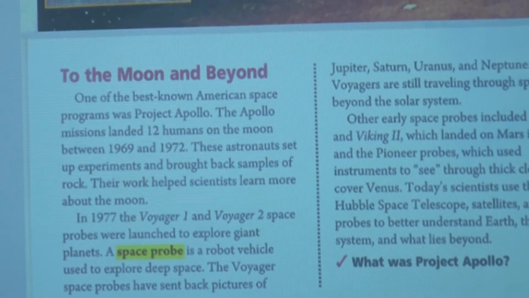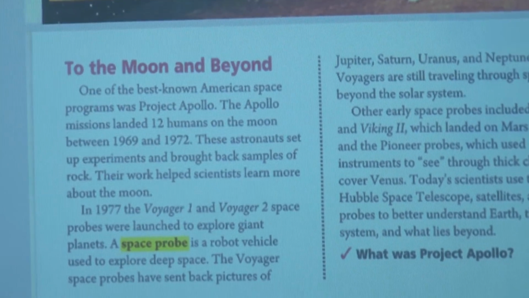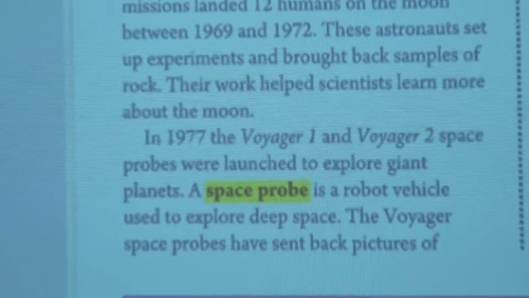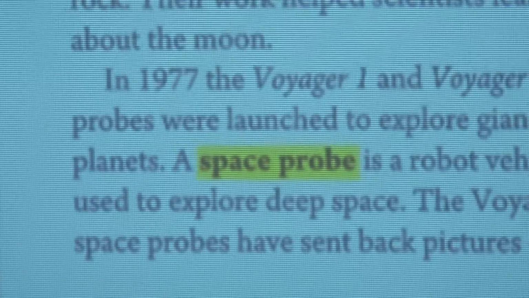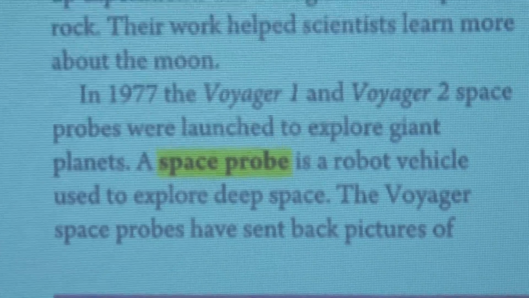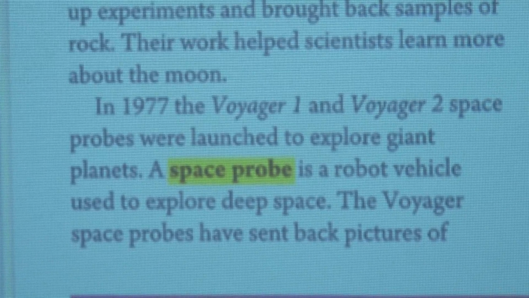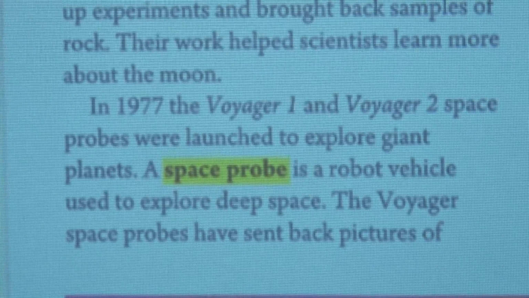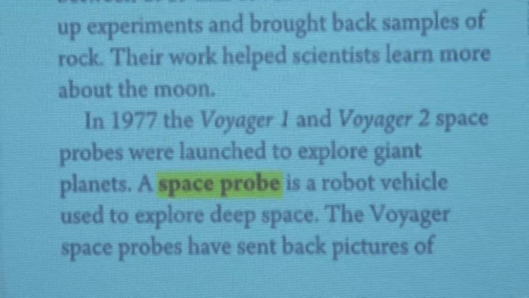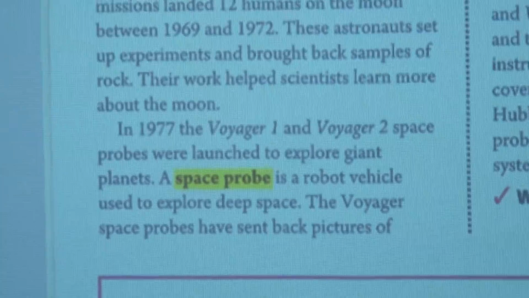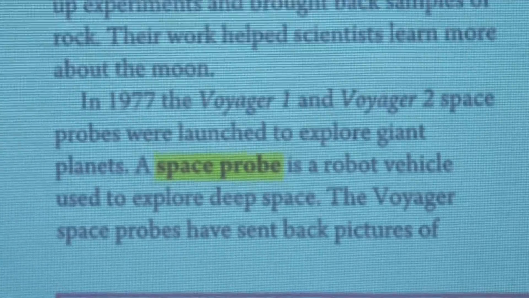Okay, after that there is the space probe. A space probe is a robot vehicle used to explore deep space. It looks like an instrument, a robot vehicle used to find out about the depths of space.